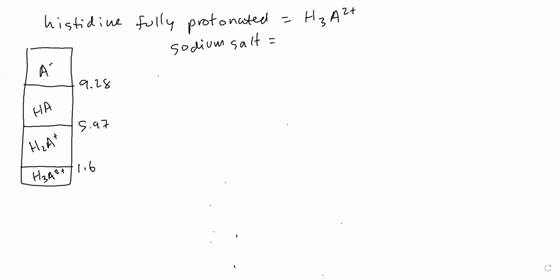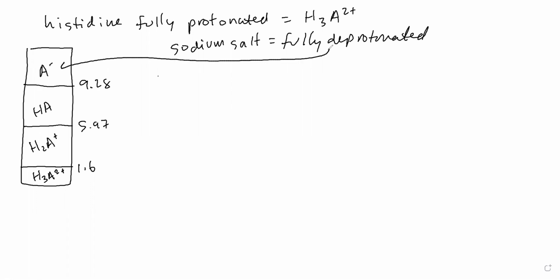So we've got our fully deprotonated form, and what we need to think about is which one of these 4 species it is, and I think we're looking at this one right here.